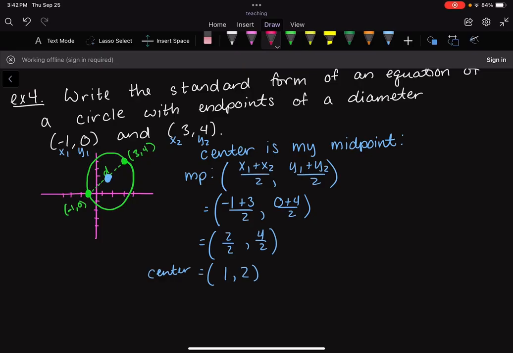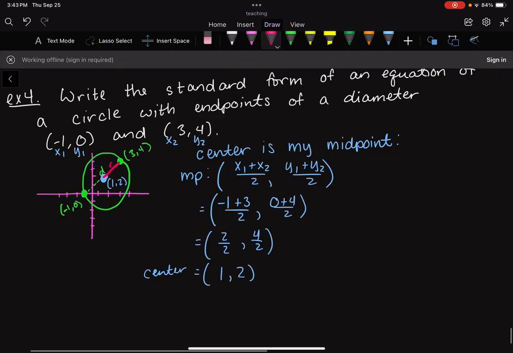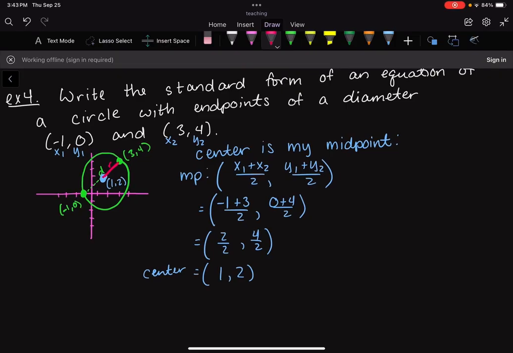What I'll do instead is I just found the point 1, 2 as the center. So I'm only going to find the distance between these points right here, and that'll give me the radius. So I hope that's clear what I'm doing. So my radius, I'm using the distance formula here. So it's still going to be my x2 minus my x1 squared plus my y2 minus my y1 squared.